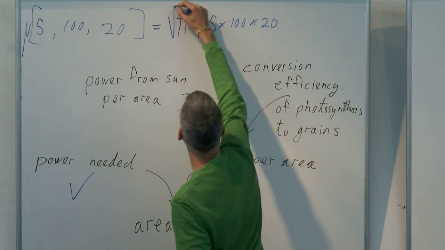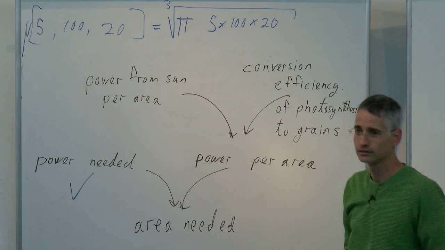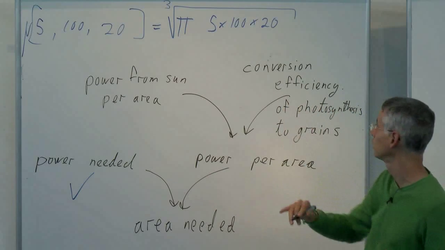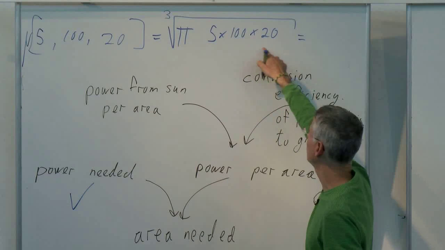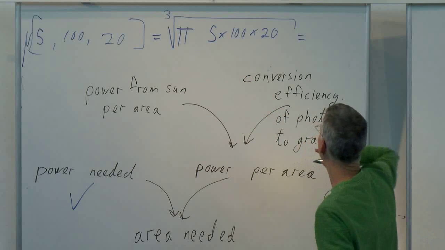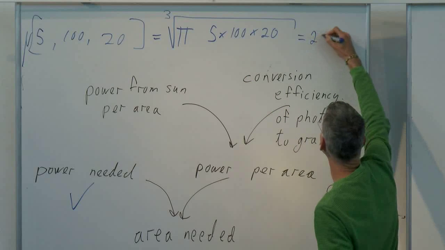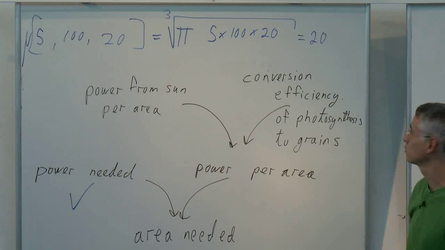And then I have to take the root. Forget it, doesn't matter. 5 times 20 is 100. 100 times 100, that's 10,000. And this would bring me to about 20 and a bit. Okay, so that's light bulbs.